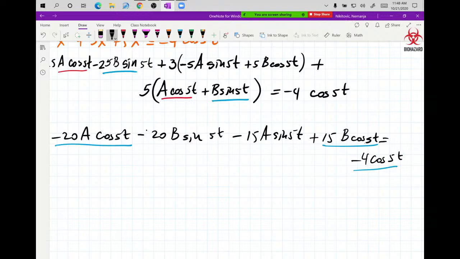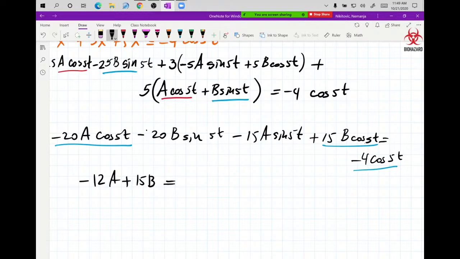So negative 20a plus 15b, just trying to see if I have all the terms.